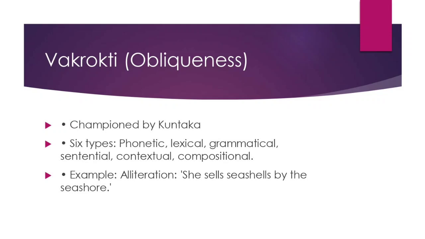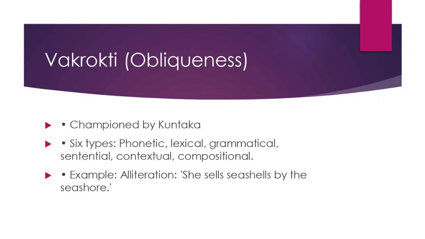Now let's understand one more type of Vakrokti, that is lexical or Pada Vakrokti. So it is the use of unusual or creative word choice. For example, describing Dawn as rosy-fingered in Homeric epics. So this is the lexical use of unusual or creative word choices in Pada Vakrokti.